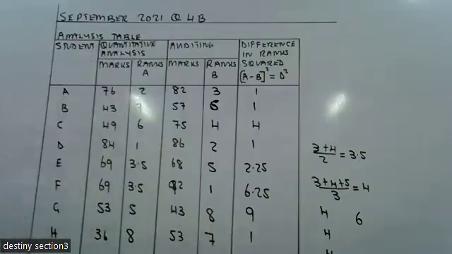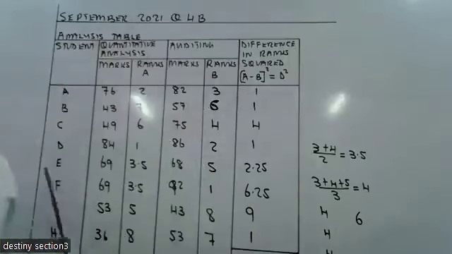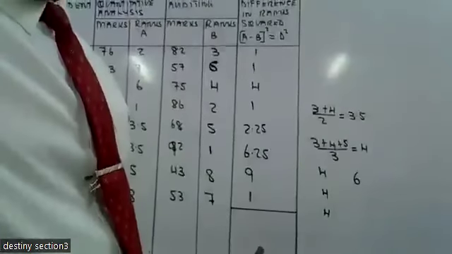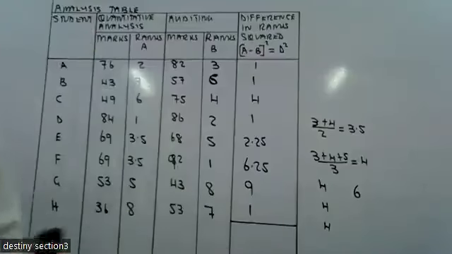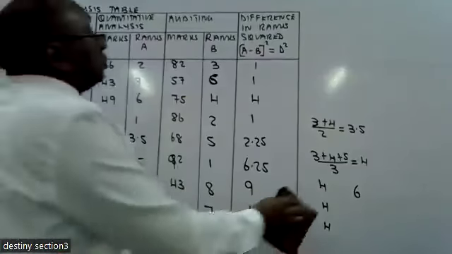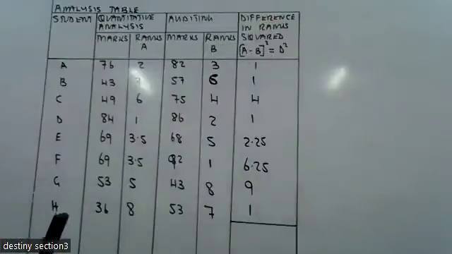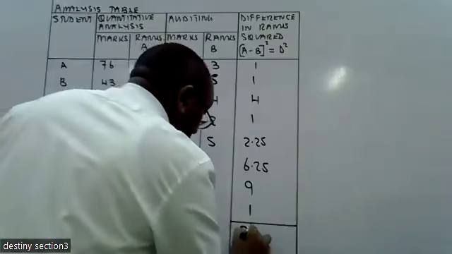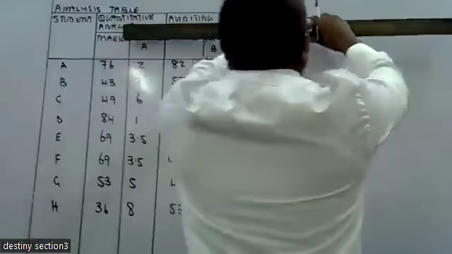So give me the total of these values that have been squared. It is 25.5.